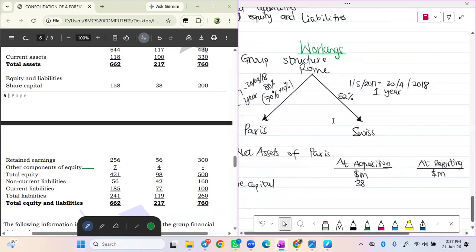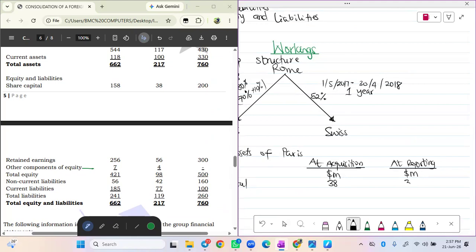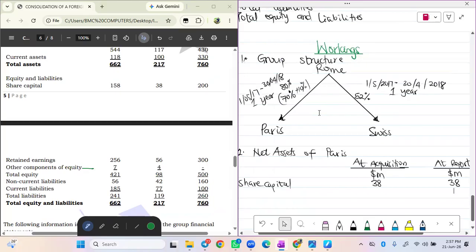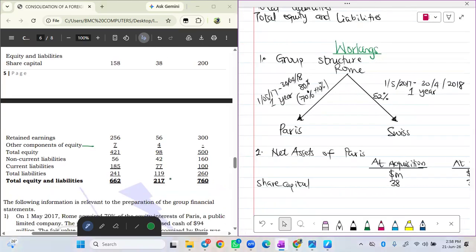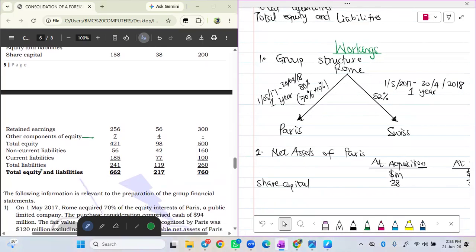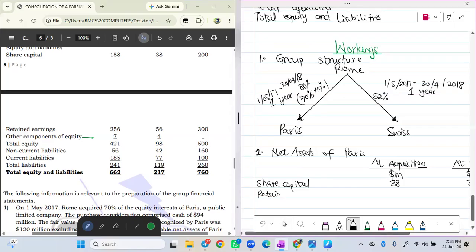We have other components of equity. Remember what we did under vertical and mixed group, where there's a difference in other components of equity or revaluation surplus: you subtract, right? You remember that. Good. If you've forgotten, we remind ourselves today. All right. What next? The retained earnings will come. At reporting it is in the statement, as we know, 56.